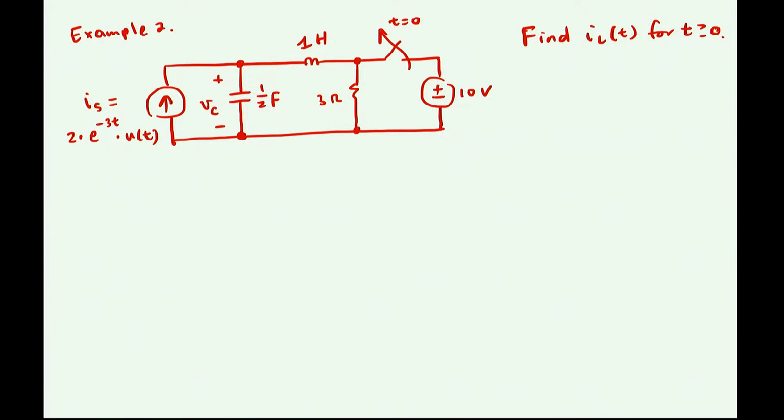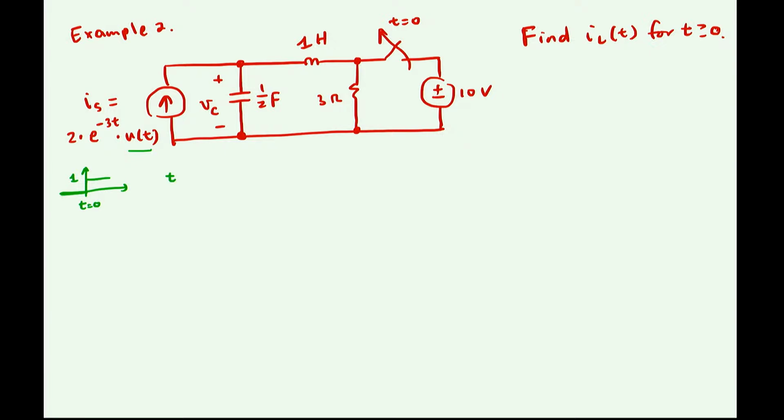Okay, in this case, find IL for t greater than 0. There's no initial condition given, but we can calculate that. Before t equal to 0, this is equal to 0. Remember, u of t is a unit step function, which is equal to 1 after t equal to 0. Okay, so it's equal to 0 when t is smaller than 0.